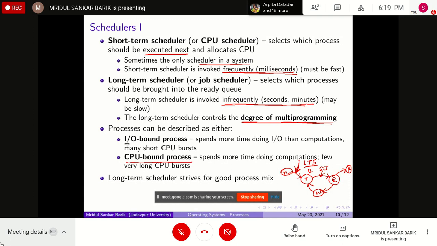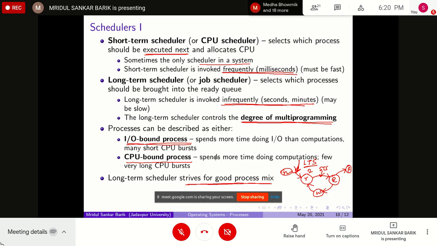Whereas in case of IO bound processes, the processes spend most of their time doing IO. So the long-term scheduler strives for a good process mix. That means the long-term scheduler tries to select those processes such that there is a good mixture of IO bound processes and CPU bound processes.